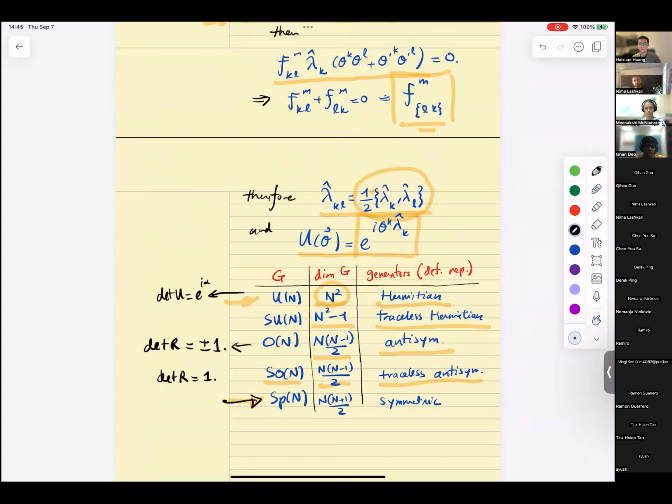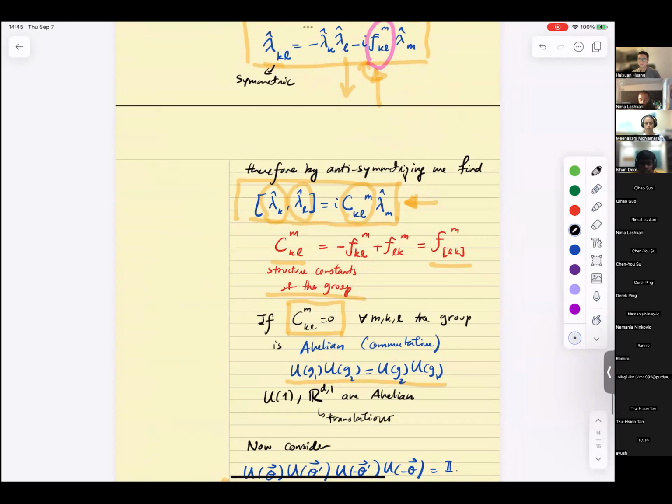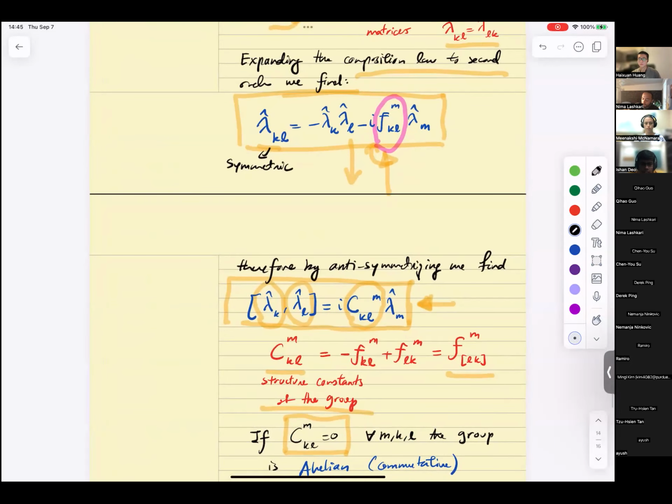One thing: we considered this property, which almost seemed to come out of nowhere, which proved that the f_MKL constants should be antisymmetric in K and L. No, it didn't come out of nowhere.